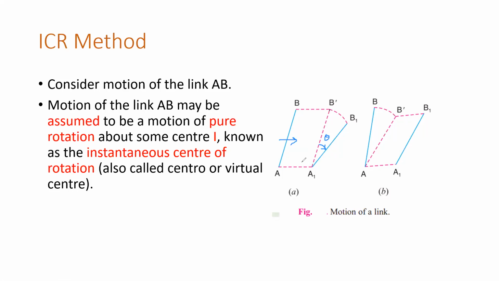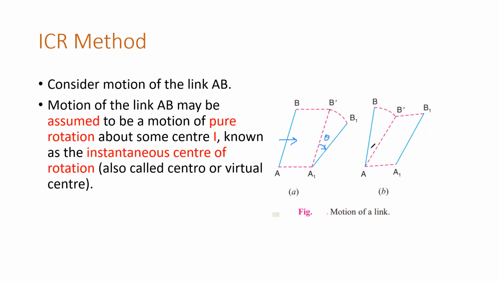So generally the motion of the link is the combination of the linear motion and the rotary motion, angular motion. Other way, we can also consider the motion of link AB like this.